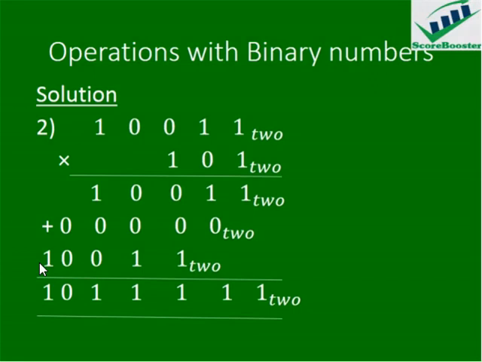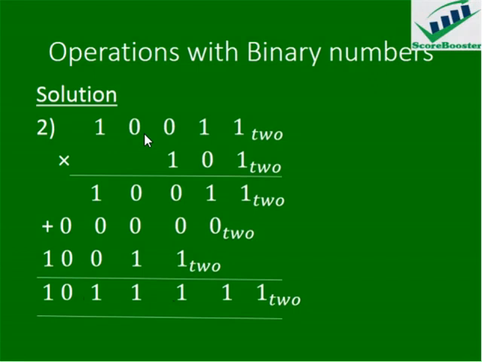So for you to get the final answer, you add all of these together. 1 plus 0 will give 1, 1 plus 0 will give 1, 0 plus 0 is 0, 0 plus 1 is 1, and so on, carrying where necessary.